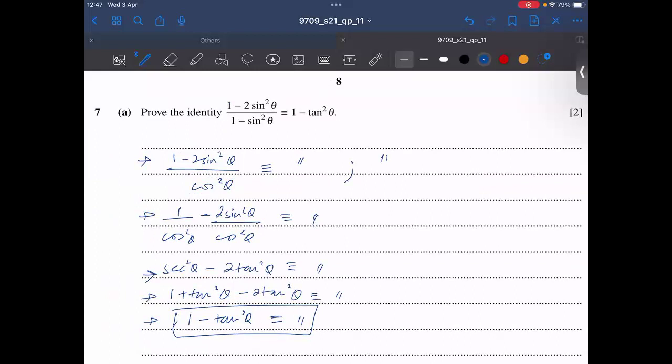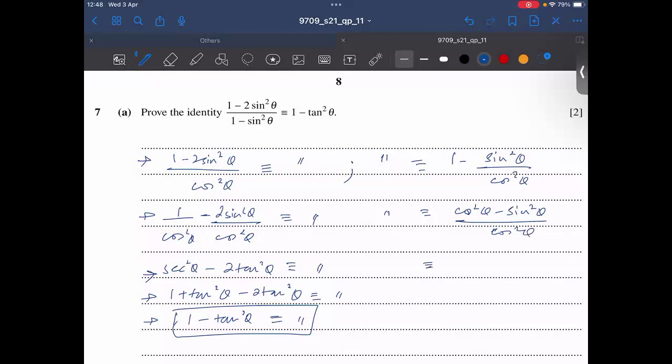If you would have simplified the right hand side and proved it identical to the left hand side, then what I would have done is 1 minus sine square theta over cos square theta. All right. And then I'm going to take cos square theta minus sine square theta over cos square theta.